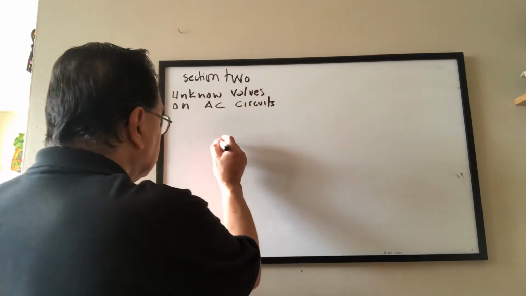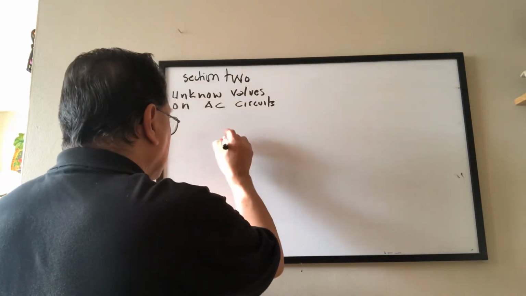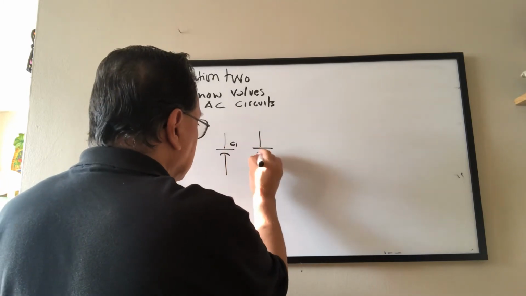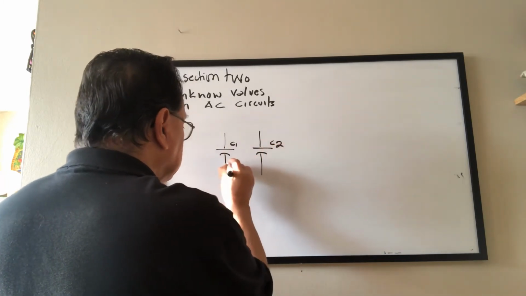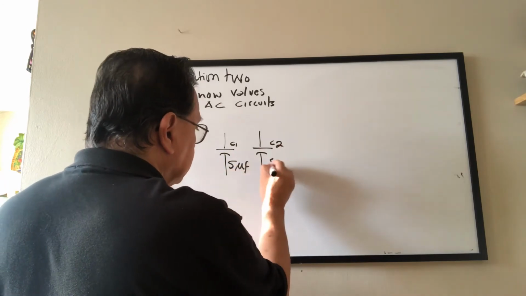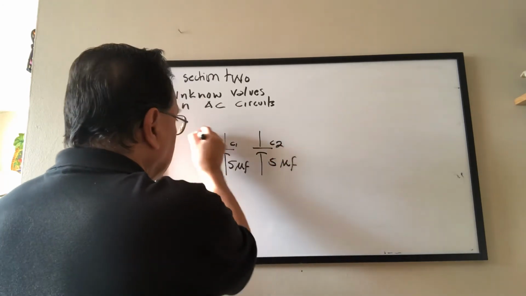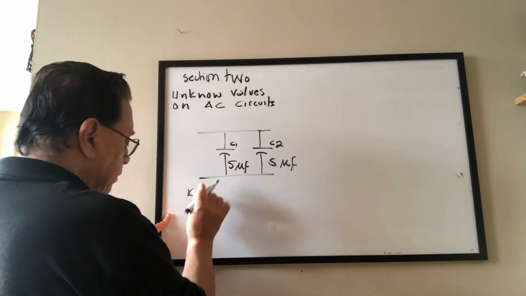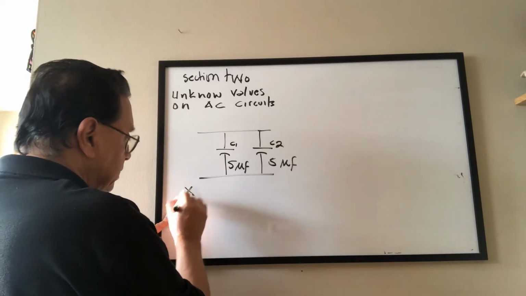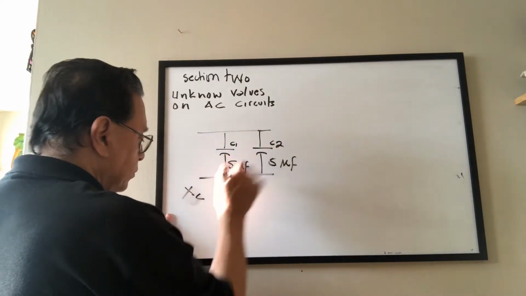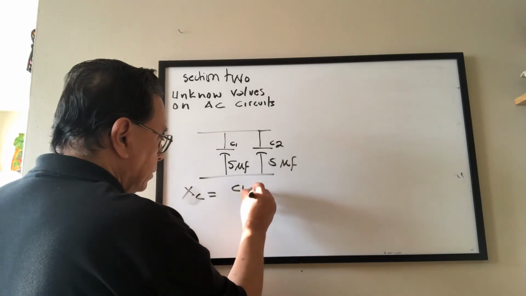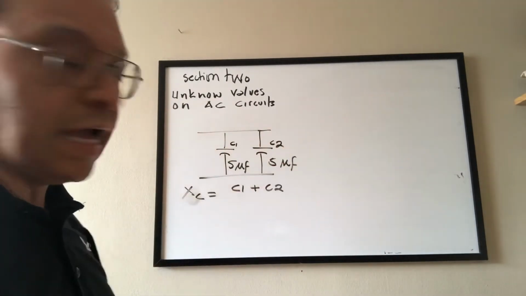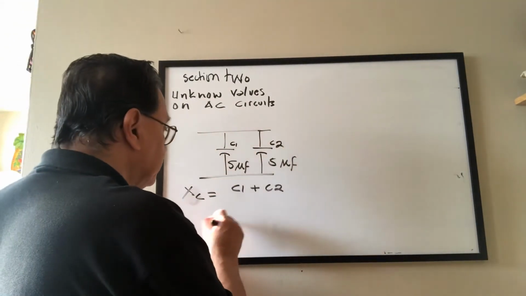So we have capacitor 1 and capacitor 2, and this is 5 microfarad, and this is 5 microfarad, and I connect them in parallel. So the total resistance presented by both capacitors will be this, because they behave in the opposite way than resistors. You just add. So the total capacitance will be the sum.